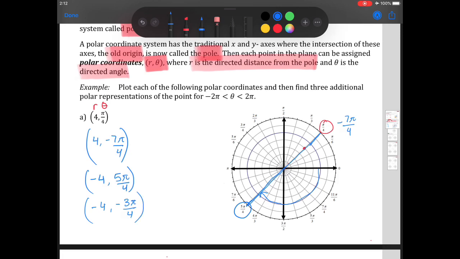So this is how I show my 3 additional polar representations. Basically, if I were to summarize this, which I want to do in red, it's going to be r, theta plus or minus 2 pi. That's how we got the point. Or negative r, theta plus or minus pi. So that's the generalized form of it.